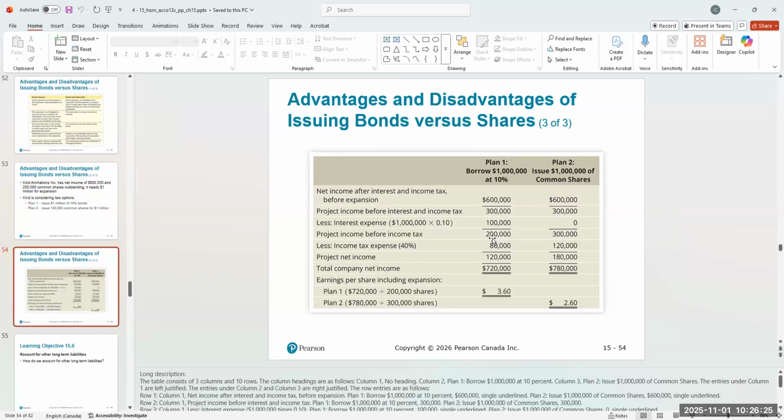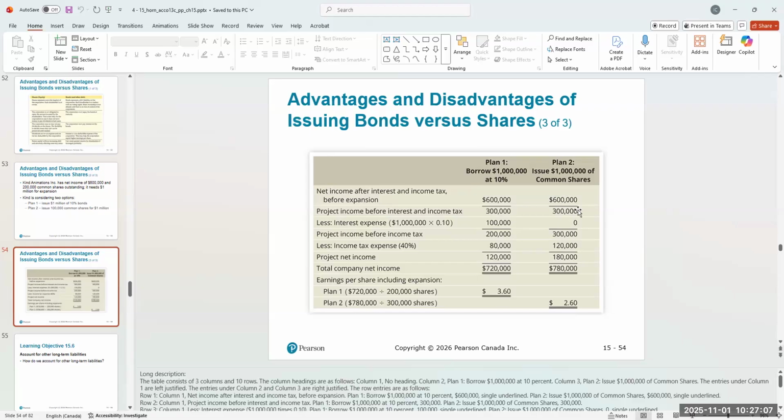That's going to reduce our income before taxes to 200,000. Once we apply 40% taxes, which is 80,000, our projected net income is going to be 120,000. Now the company net income is 720,000. Our outstanding shares are 200,000, so earnings per share is 3.6.